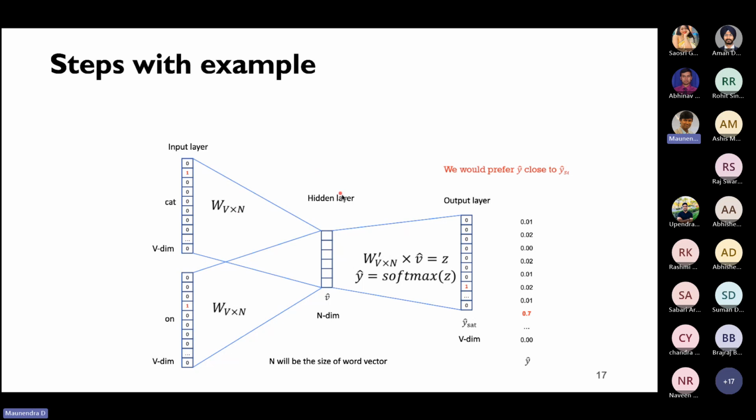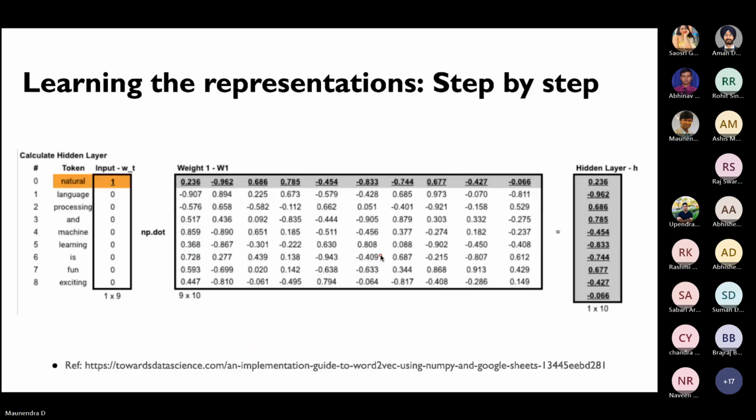Is the input hidden layer? Yeah. So it's the score z and z2, y hat we get. And suppose these are the different scores that we get from the method after the softmax, and this is the output. So we compute loss, we backpropagate. So this is one again from that example. When natural is 1, firstly we do a dot product of this one hot vector with the first matrix, right?